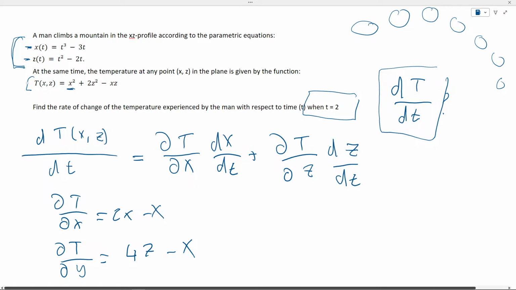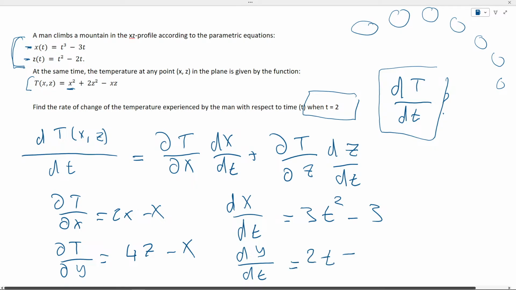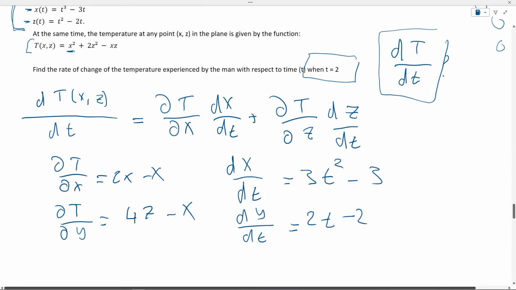And then I just find dx with respect to dt. That would be 3t squared minus 3, and then dz with respect to dt, that would be 2t minus 2, something like this. And then you just substitute here.